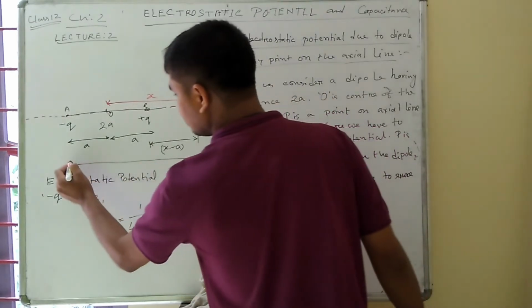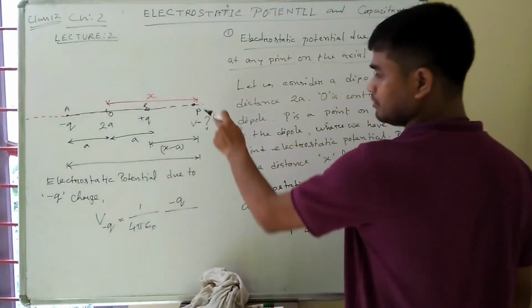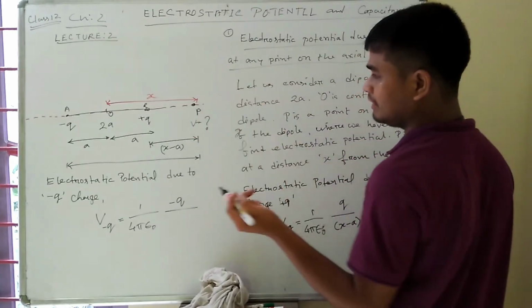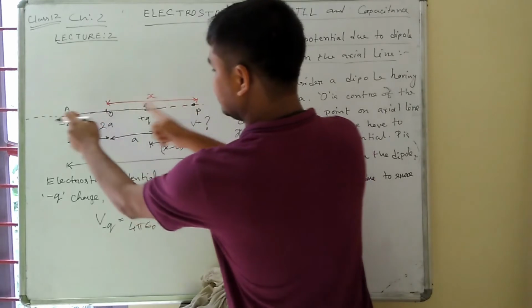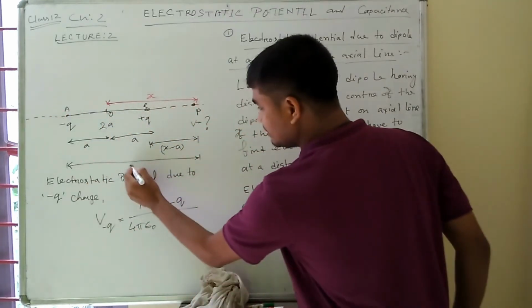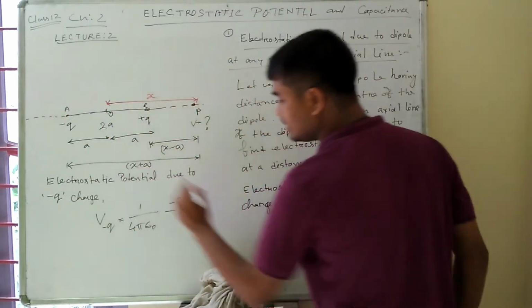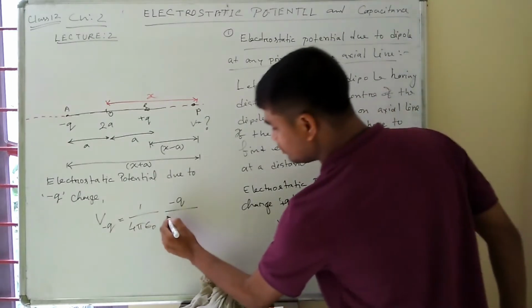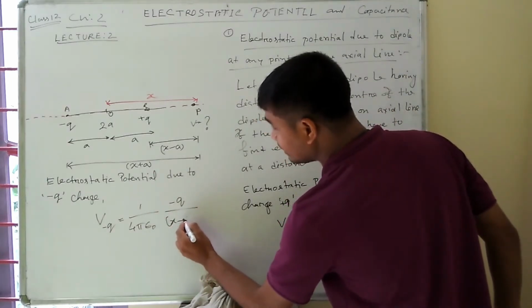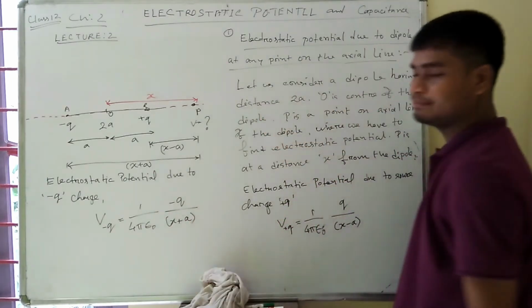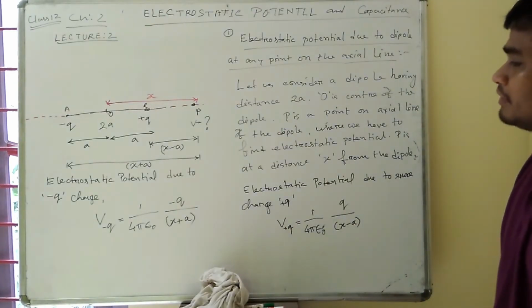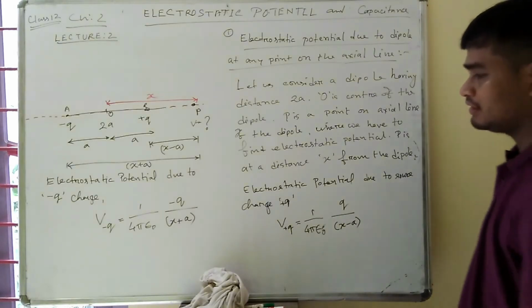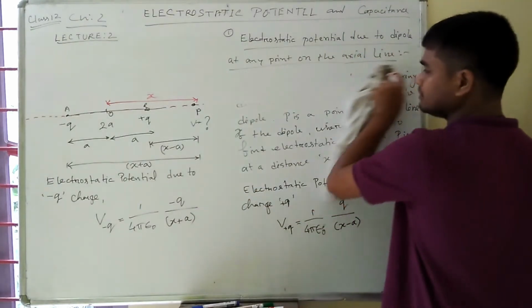The distance from minus Q to P, that is AP. AP is distance x plus distance a. Therefore this value is x plus a. Clear? So now the electric potential due to the dipole.